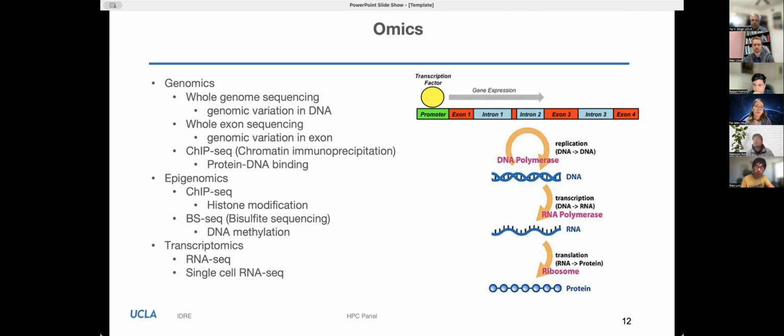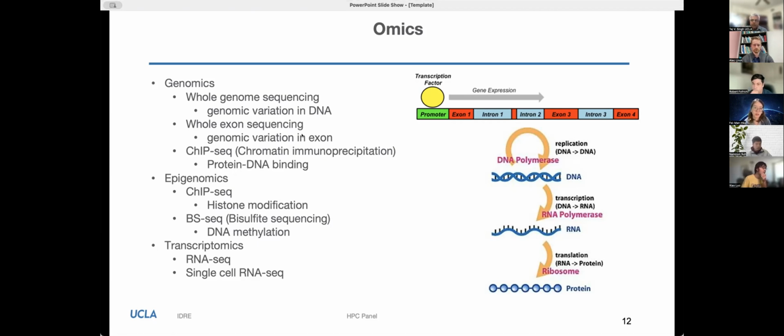There are also variations like ChIP-seq, short for chromatin immunoprecipitation sequencing. They specifically target protein and DNA binding loci. Also on the right-hand side, you will see a term called transcription factors. They are proteins that bind to DNA regions we call promoters, and they can directly lead to downstream gene expression. So this is the genomic sequencing we're getting now.